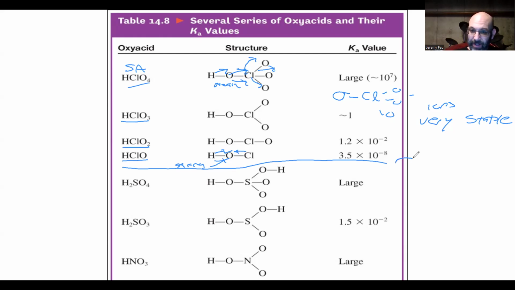And this isn't a very large ion, right? This is not stable. So this, if given the chance to react with an H plus, it'll grab that H plus again and reform the acid, so weak acid.